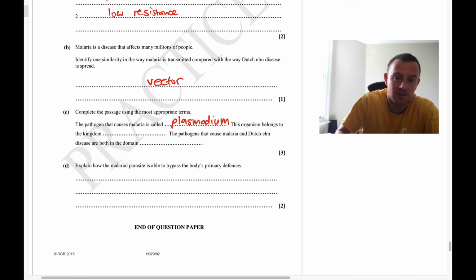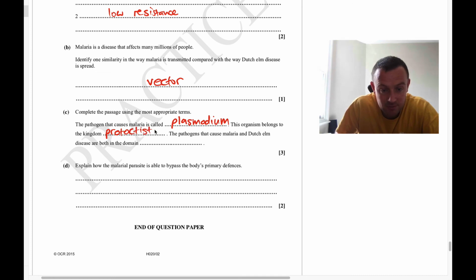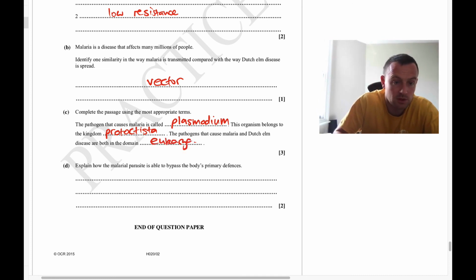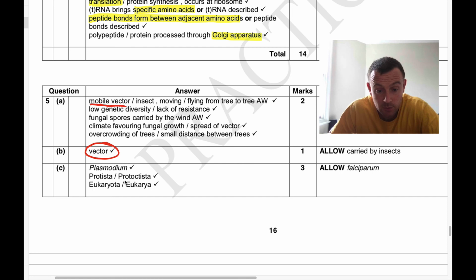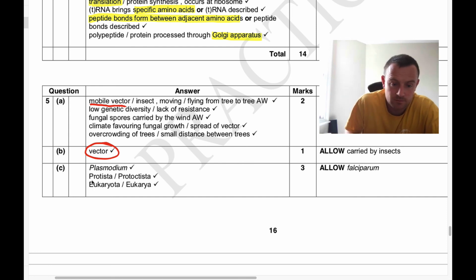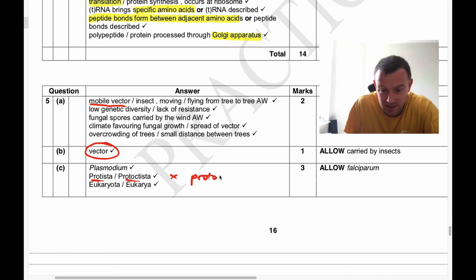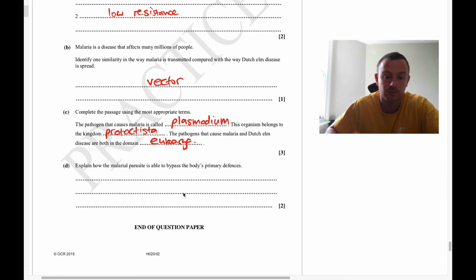Sorry, kingdoms, that's the 5 kingdoms. So this is Protoctista. And this one is Eukarya. Check the mark scheme for that one. Yeah, Protoctista or Protista. Basically, but not protozoa, okay? That's a term we don't use anymore. So it's not protozoa. Eukaryota or Eukarya for the last one.